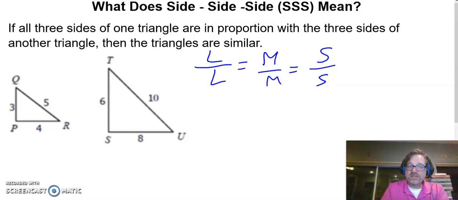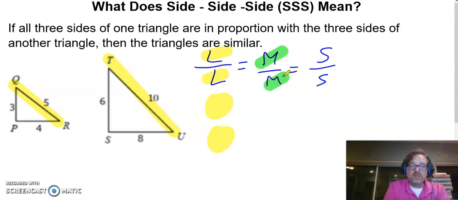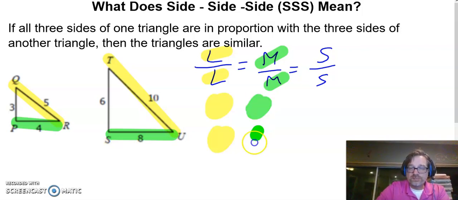I'm going to start by finding the longest side, 5. And then my longest side on the right is 10. So I'm going to put the long over the long. And then I'm going to go middle to middle. Well, on the left side, the middle side is 4, and on the right triangle it's 8. And then short side and short side.